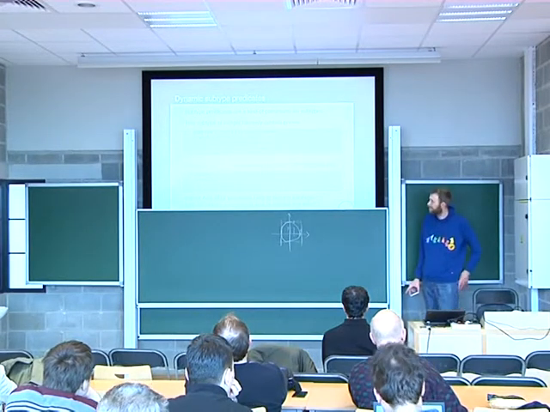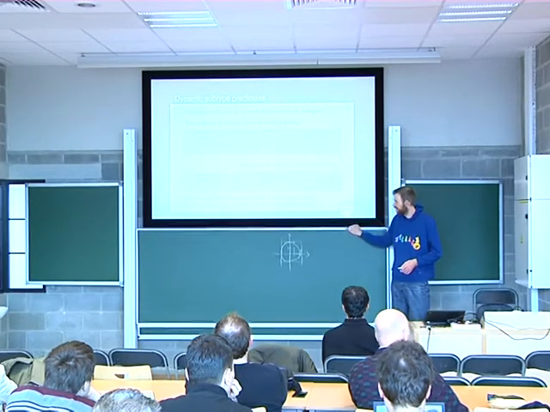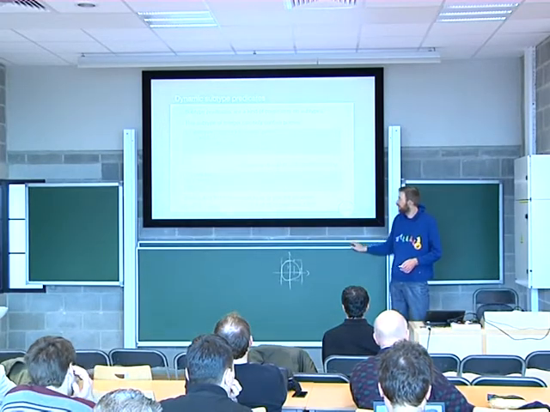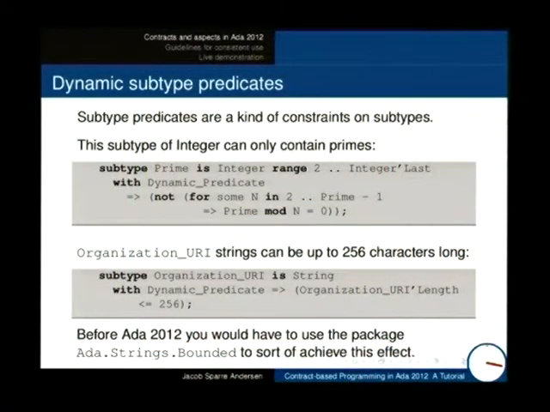Then the other kind of variance is dynamic subtype predicates. That's kind of constraints subsetting subtypes. I picked a nice little example here. A prime. It's an integer. It can't be less than 2.